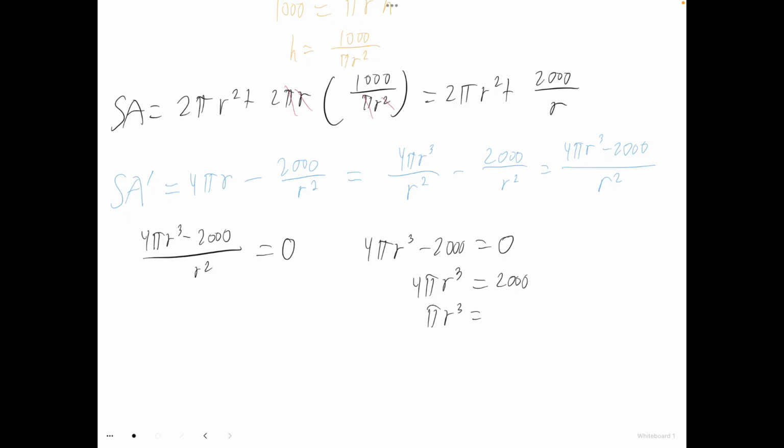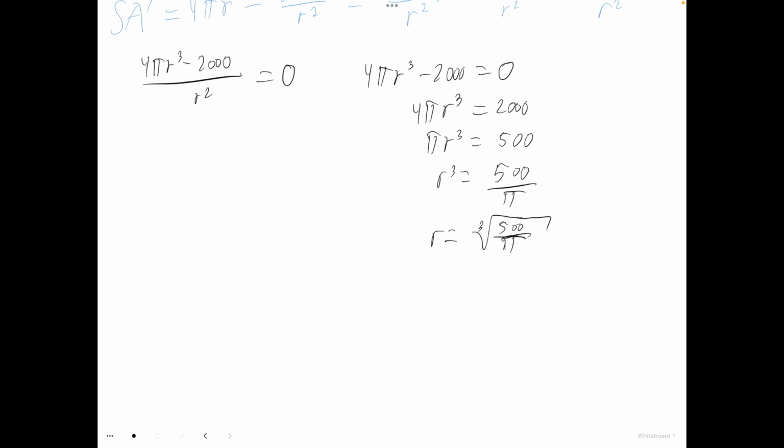Pi r cubed is then going to have to be equal to 500. So r cubed is equal to 500 divided by pi. And then we get r is the cube root of 500 over pi. And so that then tells us that the cube root of 500 over pi is our critical point.